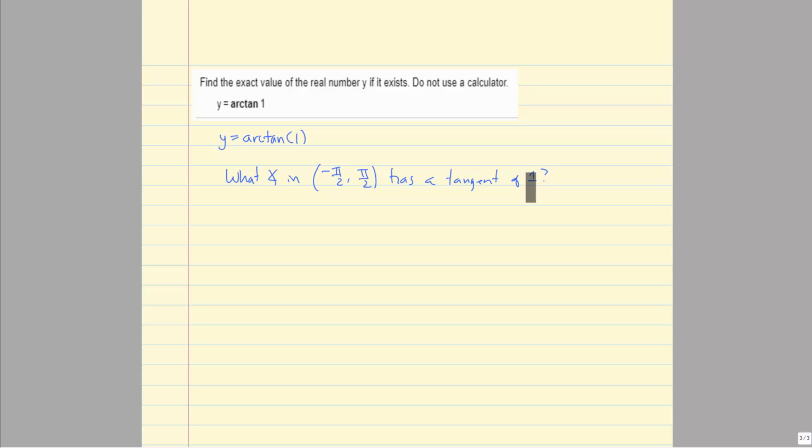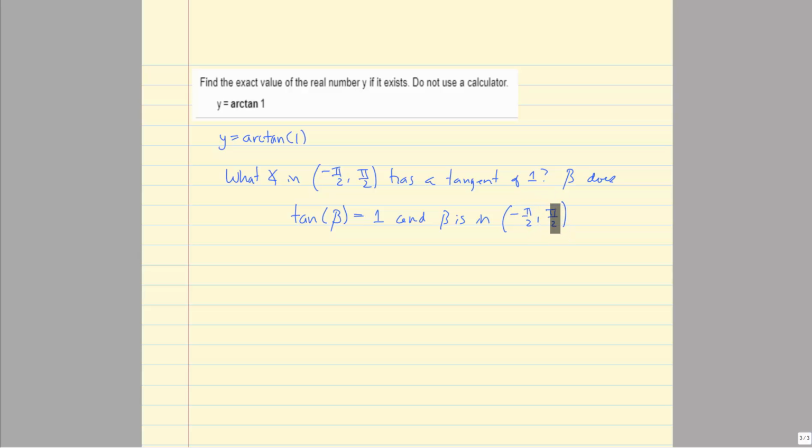Okay, so another way that we could write this then is, I could say this one's beta. Then we could say tangent of beta is equal to 1. And beta is in the interval negative to positive pi over 2, no brackets, just parentheses here.